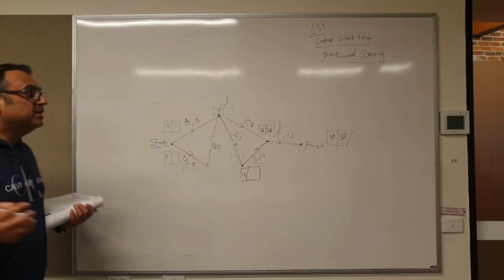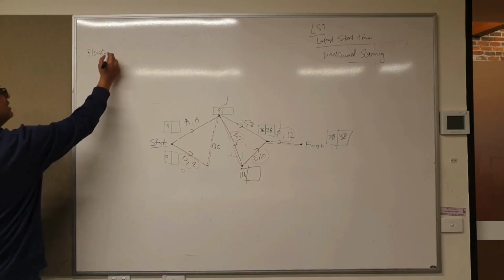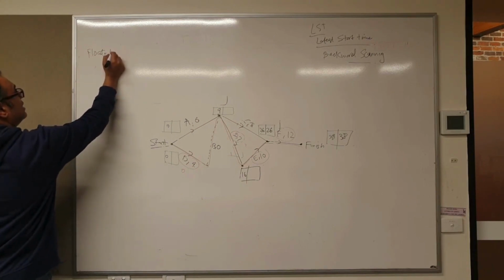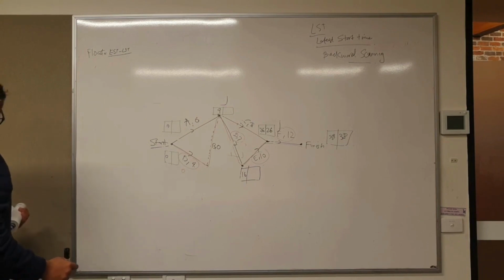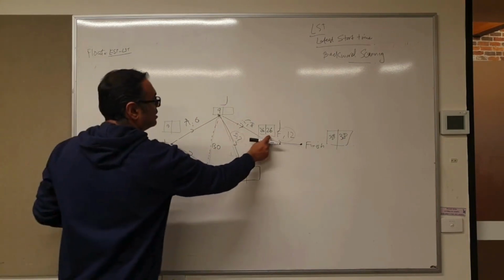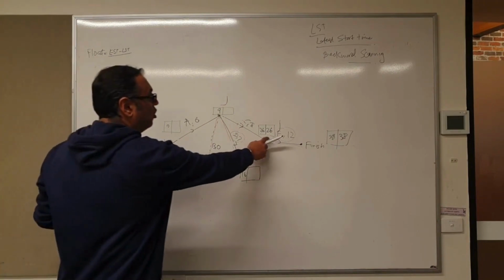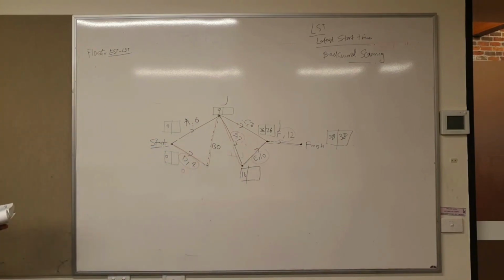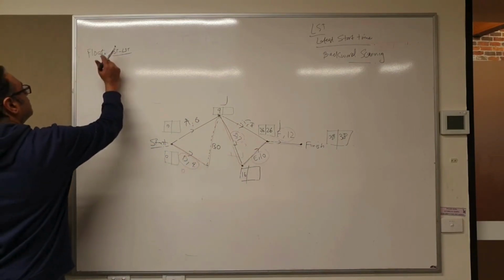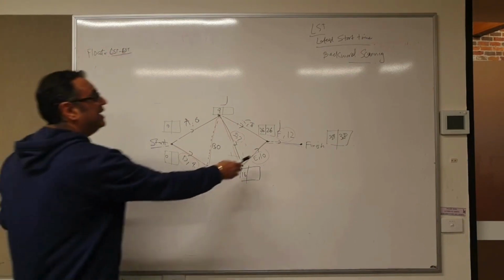The float of any activity is the LST minus EST, which is 0 in this case. So that means you cannot delay F at all. And you see our red line also has F in it.